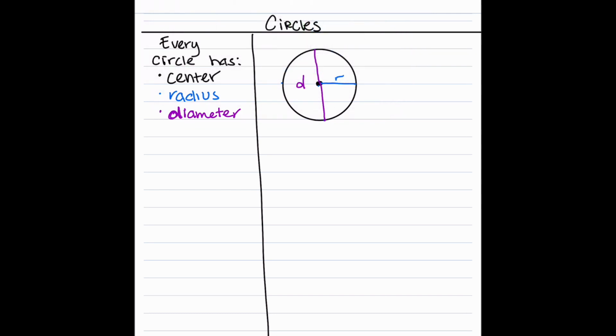Okay. Then we talk about finding the area and the circumference of circles. So the area is the space inside of a circle. So if we have a circle here, all of this space inside would be considered the area. The circumference is the outside portion of the circle.